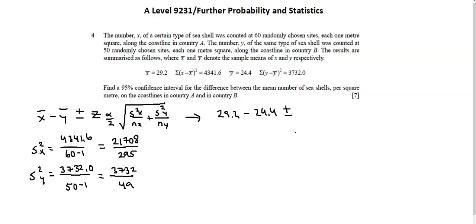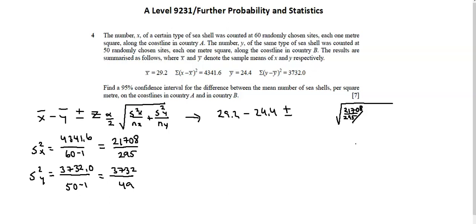Now we need a z-score. We'll look that up in a moment. Let's set up the radical as the sum of two ratios. The variance of x is 21,708 over 295.